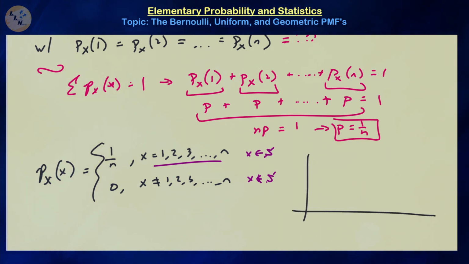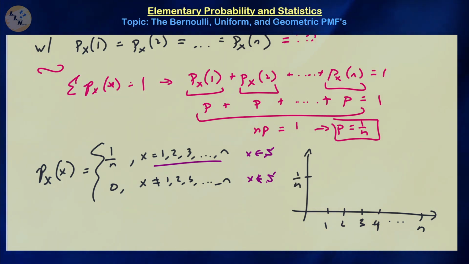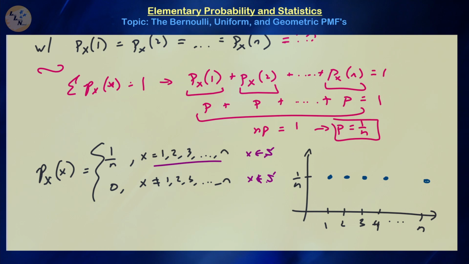And it, of course, has a graph, right? So 1, 2, 3, 4 down to n, and all of them have the same exact probability, call it 1 over n, right? So those are our probability values. Notice that the shape represents a rectangular distribution or a square distribution depending on the shape, and that is pretty much it.